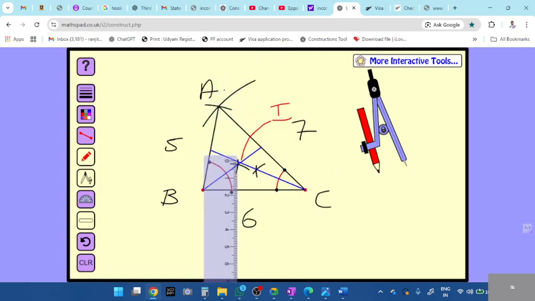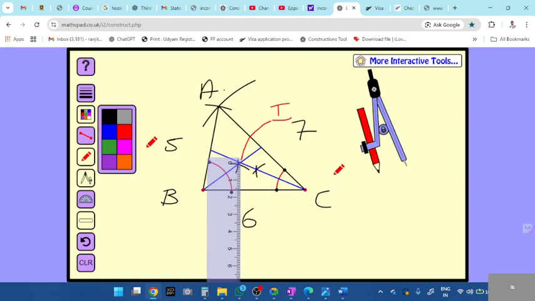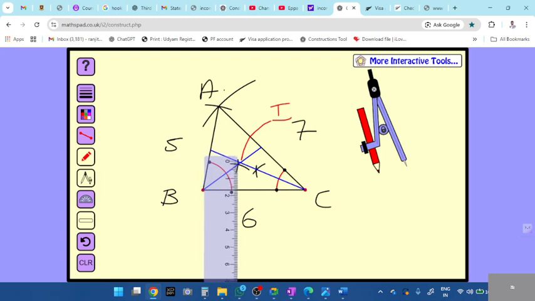Now, from that blue line, this line, look here, I'll draw this red one. It has to touch the base. Don't draw this students.